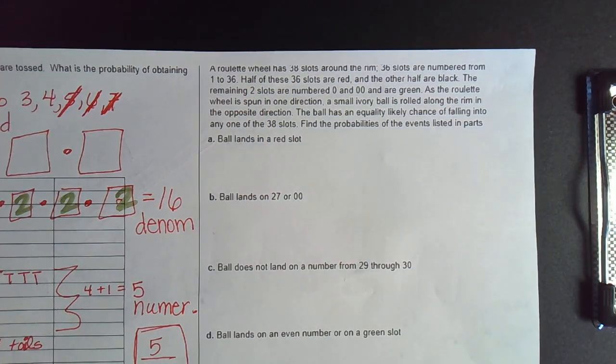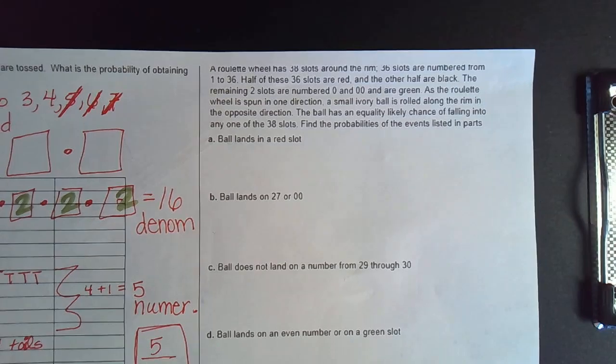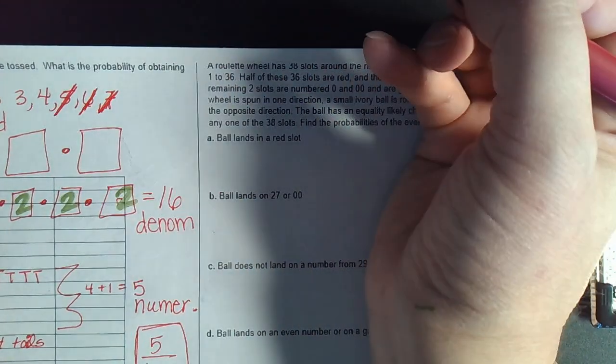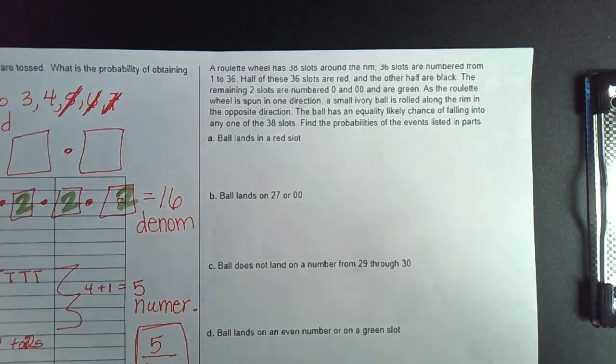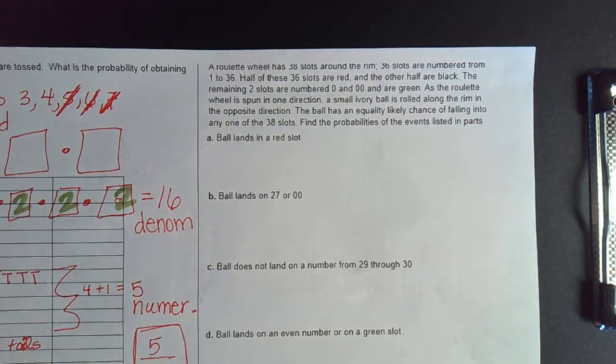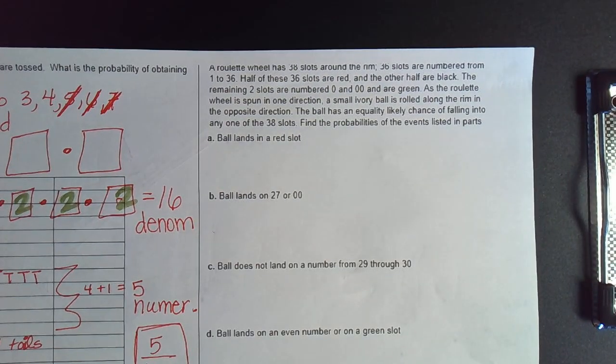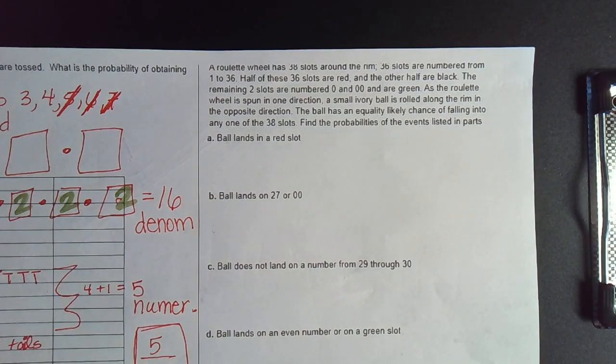Okay, so this says a roulette wheel has 38 slots around the rim. Okay, so that means there's 38 total. Then it says 36 slots are numbered from 1 to 36. Half of these are red and the other half are black.